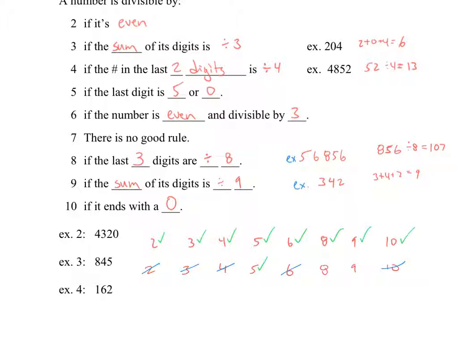8. 845. How many times does it fit in there? Well, 8 times 5 is 40. Oh, right.